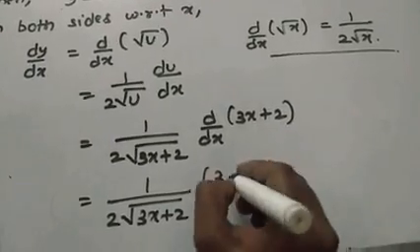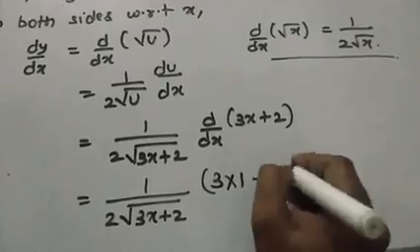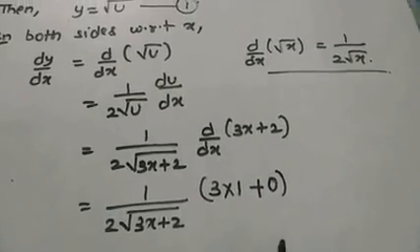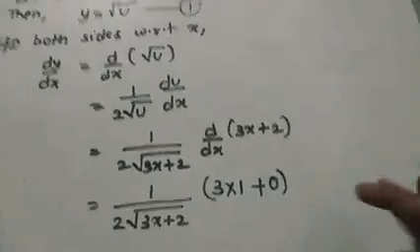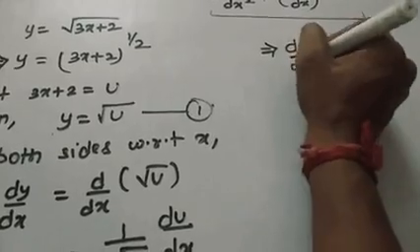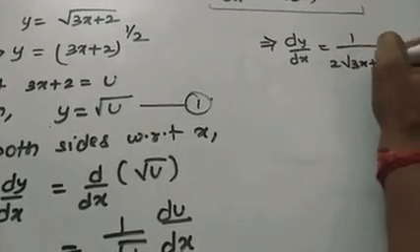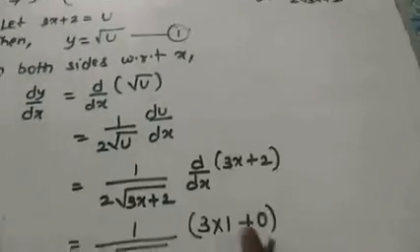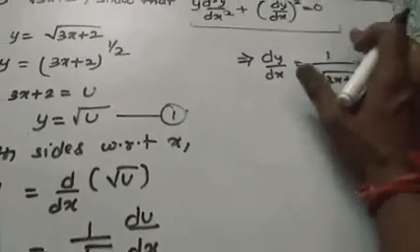The derivative of x is 1, plus 2 is a constant, derivative is 0. So after that what do we get? dy by dx equals 1 by 2 root over 3x plus 2, and this side 3 into 1 plus 0, that is finally 3.